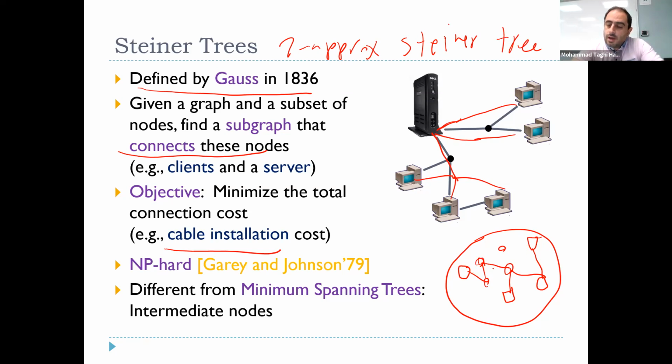Then the idea is that for each of these, you create a new graph. And in this new graph, you just say what is the minimum distance between these two terminals. It may use the Steiner points, but you will just do it for all of them. Minimum distance again.